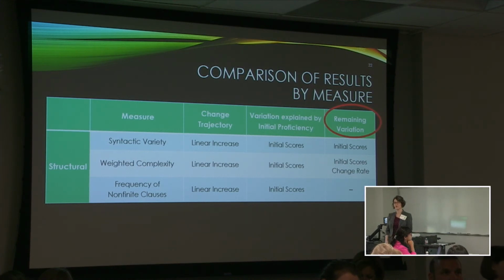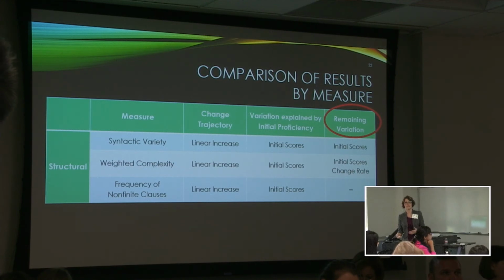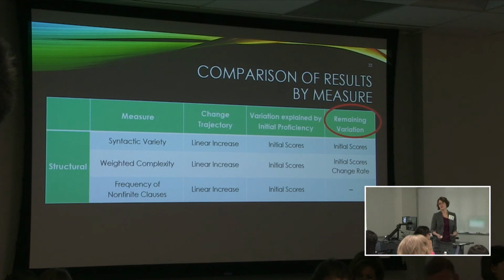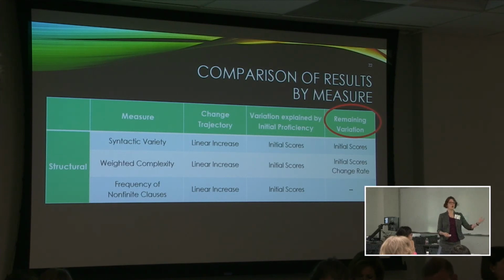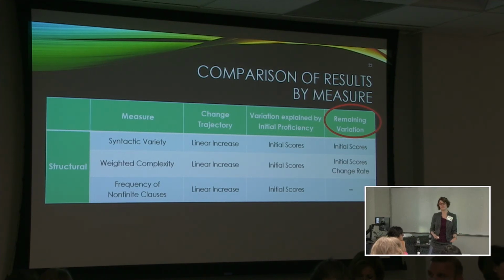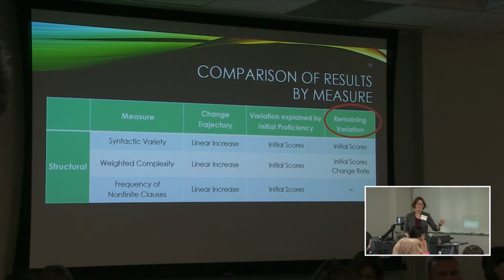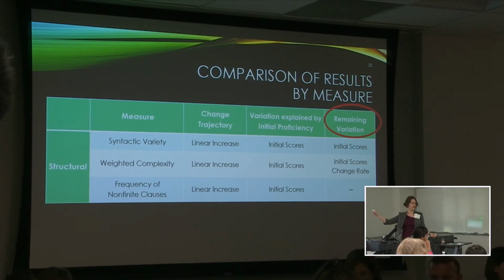For the syntactic variety measure, remember that was how many of the 6 clause types. Right in the beginning, there were already variation. Some students, as they arrived in the IEP, had more variety in their 2-minute monologues. Some were already adding dependent clauses. And for the weighted structural complexity, there were still variation at the initial and in the change rate across time.